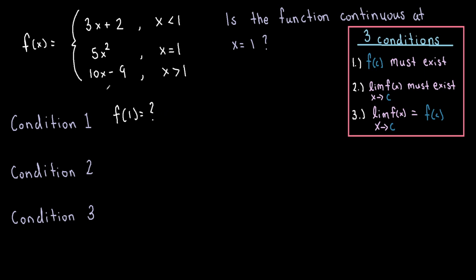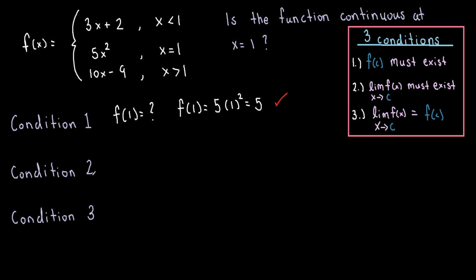Looking at the set of equations, when x equals 1, we have the function 5x squared. So we will plug in x equals 1 into this function to get that our f of 1 equals 5. And since this value exists, we can say that the first condition has been met.